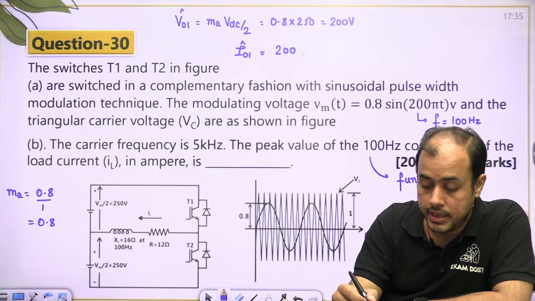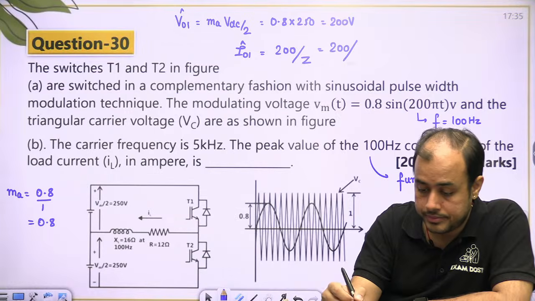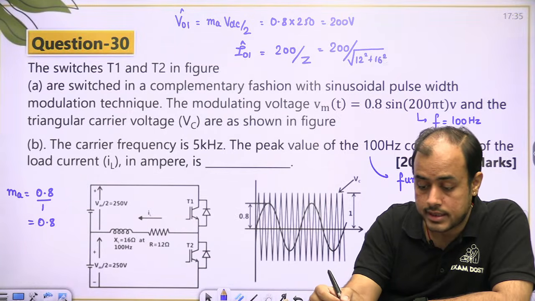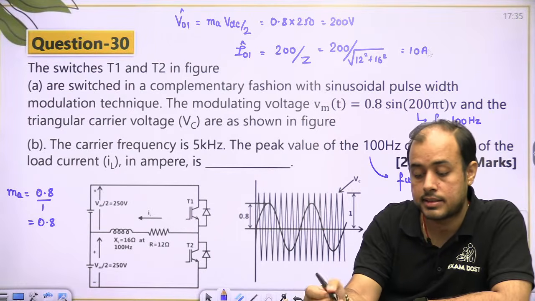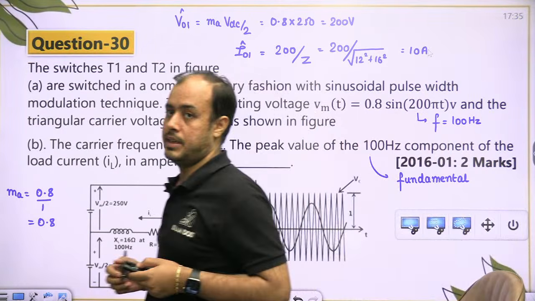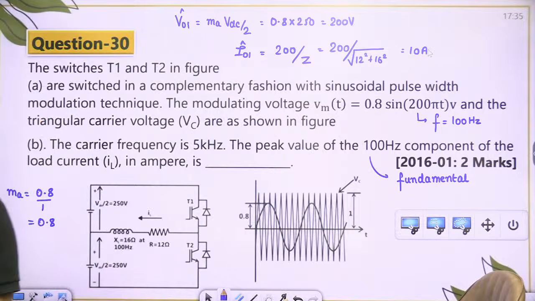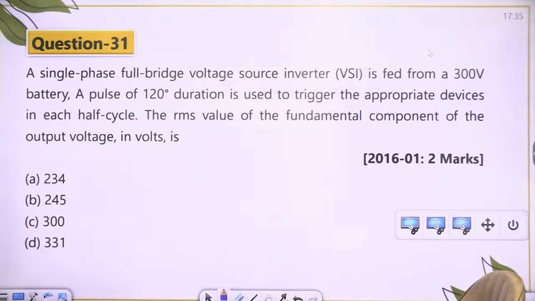When you want peak of the fundamental current, resistance is given as 12, reactance as 16, 10 ampere. Simple. 10 ampere. Okay. This is the type of question that can be framed on sinusoidal PWM.